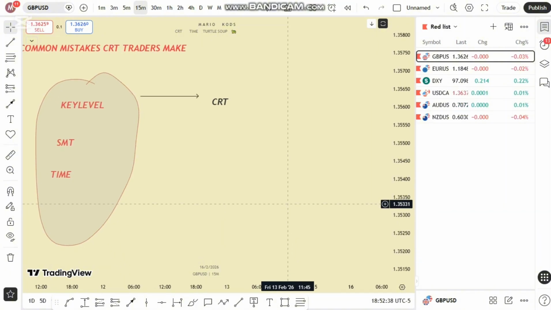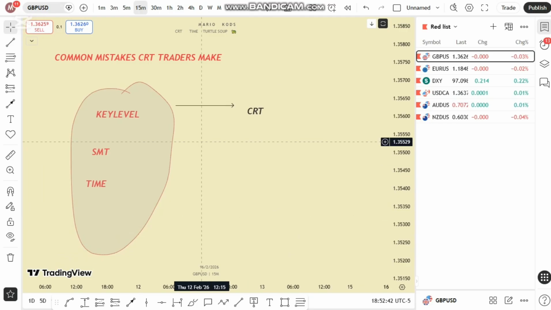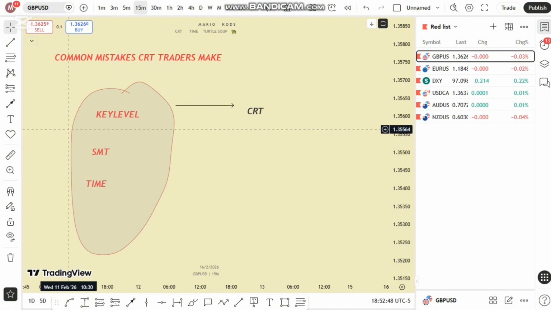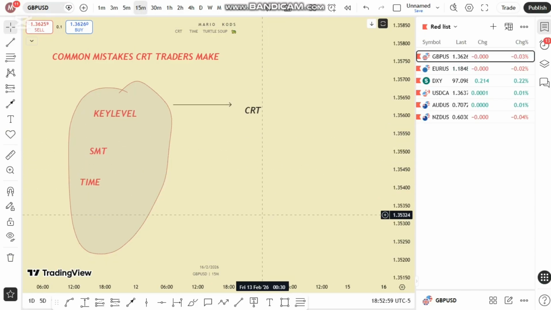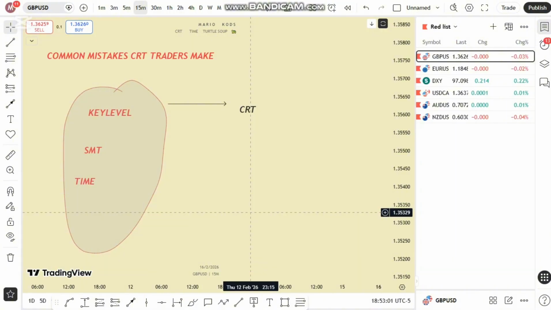Those who pattern trade and always get stopped out never applied SMT. Those who trade without key level never applied any of this. SMT is the most important thing ever.